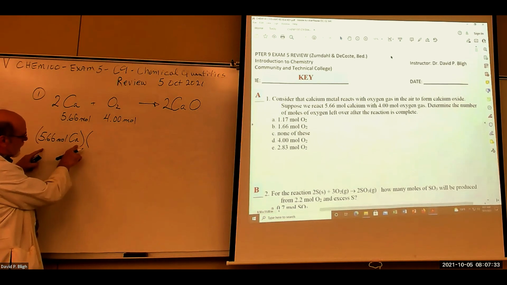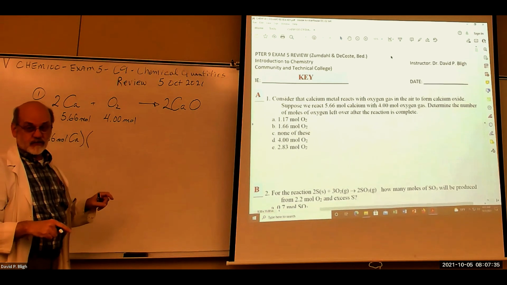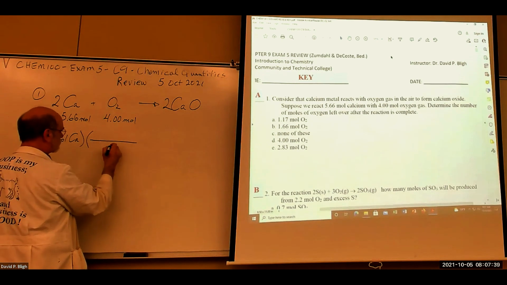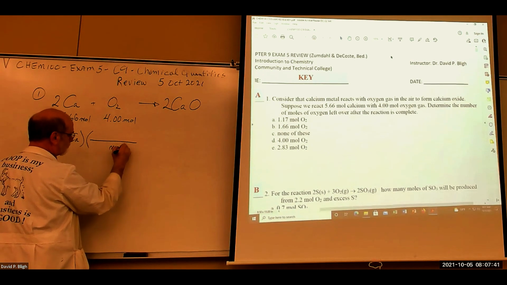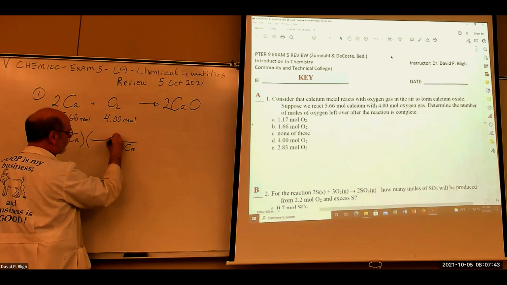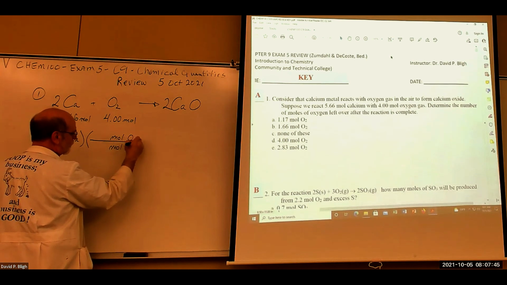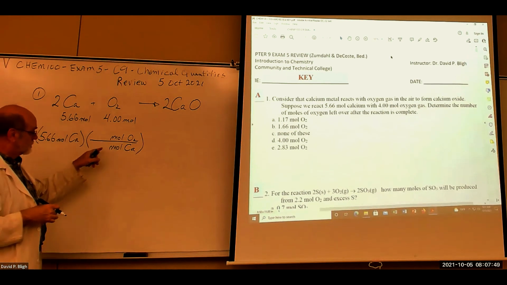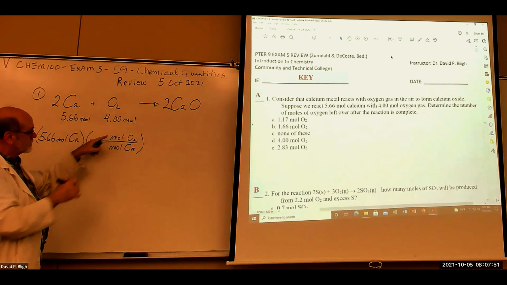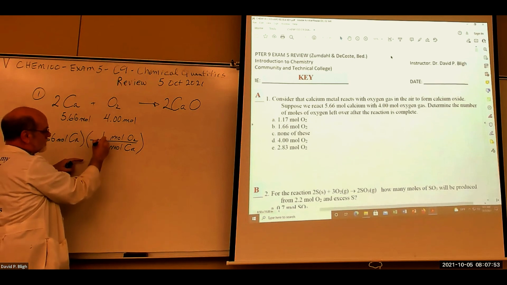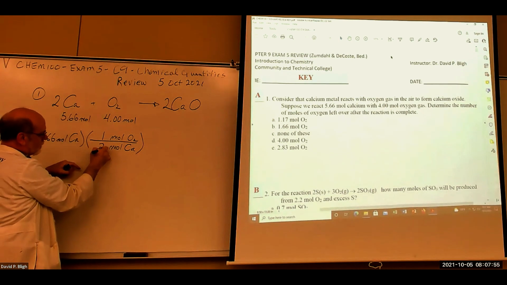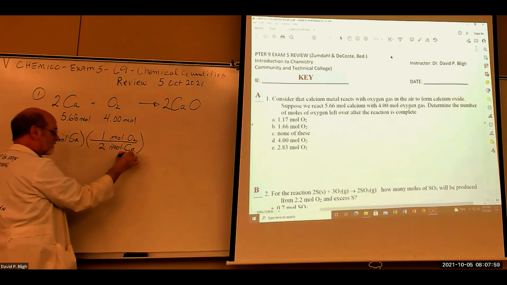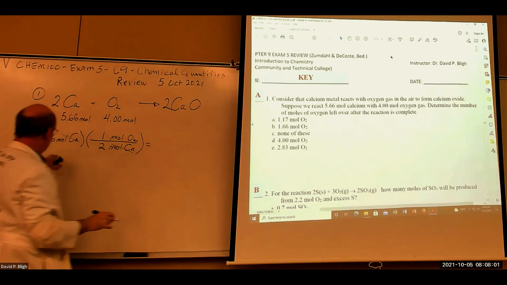If we have this much calcium, how much oxygen is required? If we do it like that, then we can answer the question. Moles of oxygen, right? 1 and 2 calcium. Okay, so now the moles of calcium cancel. And what are you left with?